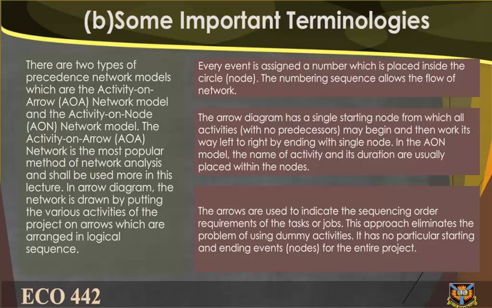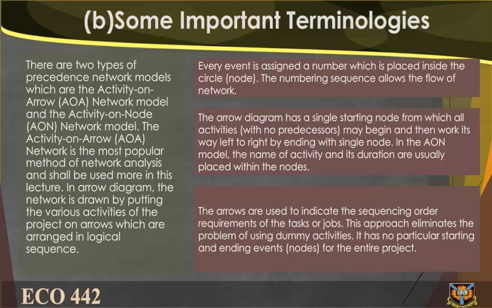The activity on arrow, AOA, network is the most popular method of network analysis and shall be used more in this lecture. In an arrow diagram, the network is drawn by putting the various activities of the project on arrows which are arranged in logical sequence.